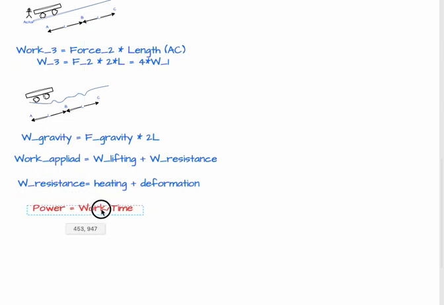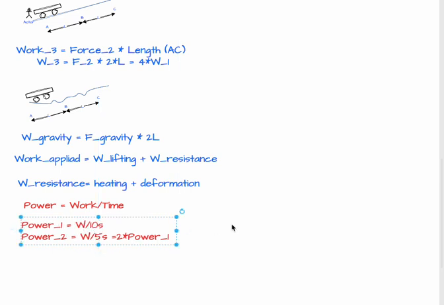Also, there is a term called power. If we divide the work that we did to move the trolley from point A to point C by some time, we get power. And it is obvious that the faster we move our trolley, the more power we need to spend.